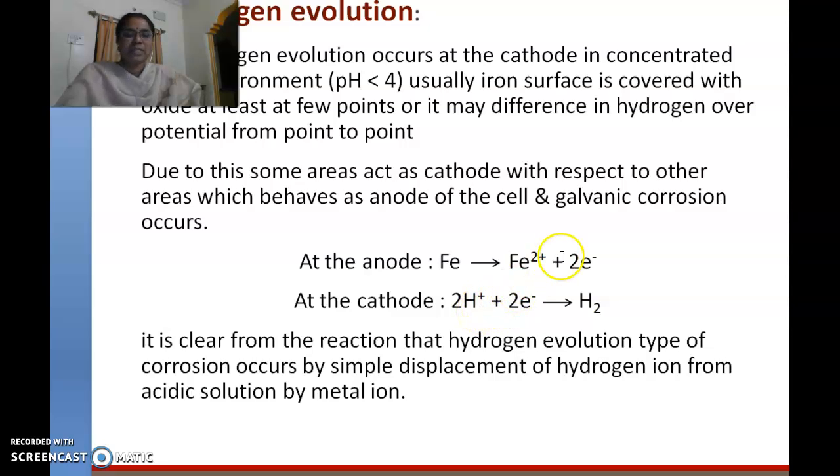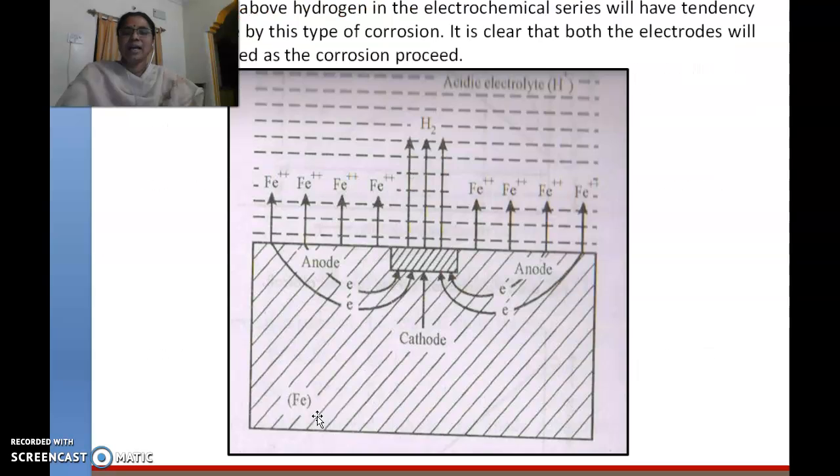These H plus ions accept electrons and form hydrogen. It is clear from the reaction that hydrogen evolution type of corrosion occurs by simple displacement of hydrogen ions from the acidic solution by metal ions.